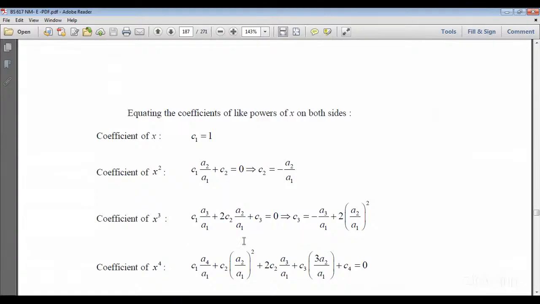C1 is equal to 1. C1 times a2 by a1 plus C2 is equal to 0, so C2 is equal to minus a2 by a1. So this is what we are taking: the value a2 by a1 that goes to the other side becomes minus a2 by a1.